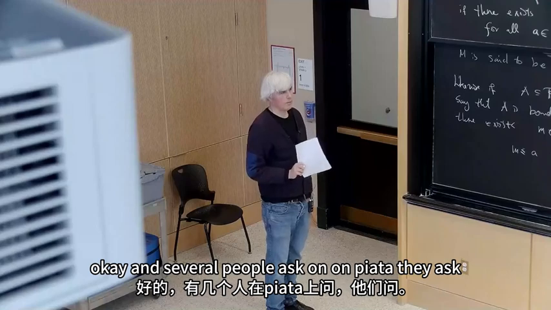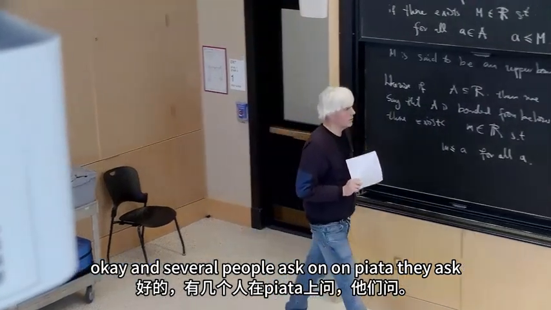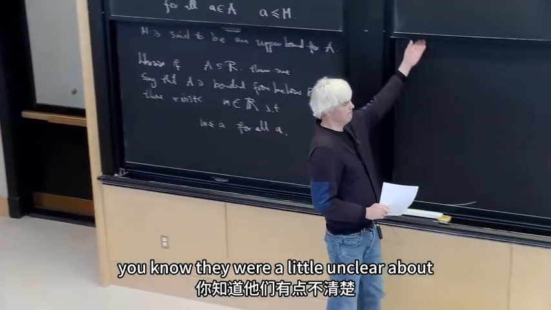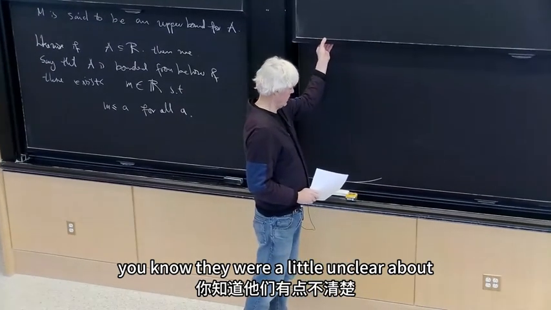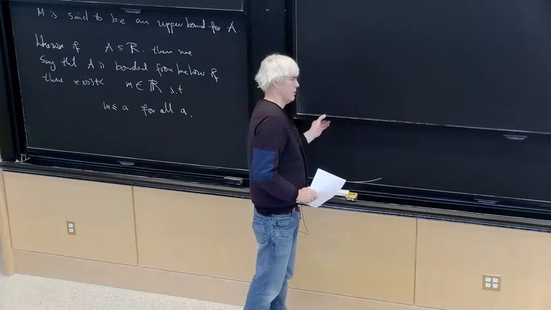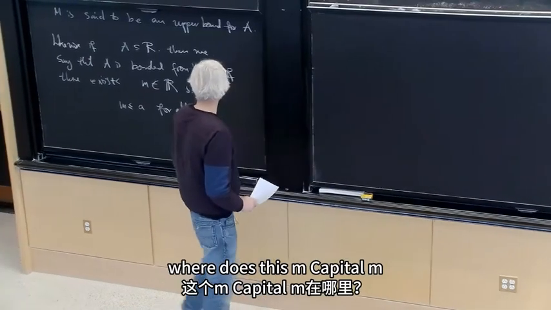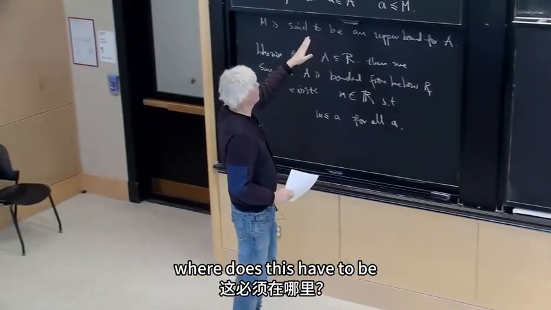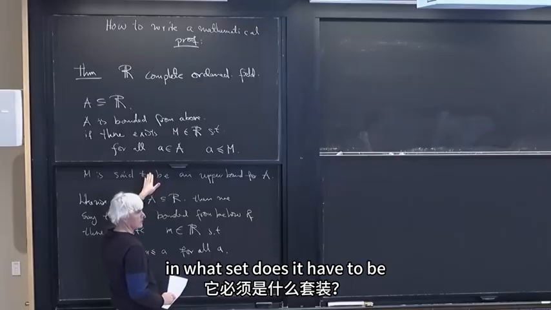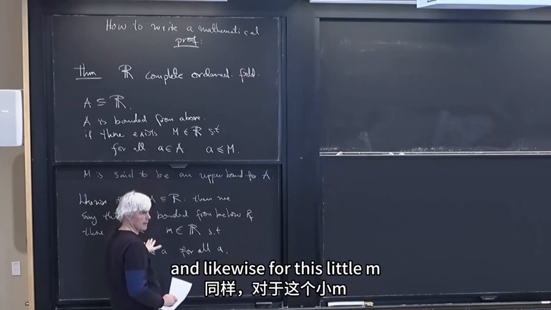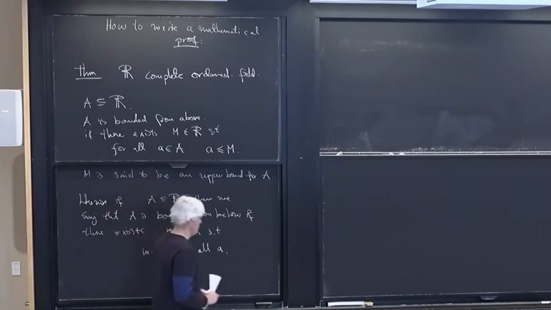Several people asked on Piazza, they were a little unclear about where this capital M has to be, in what set it has to be, and likewise for this little m, right?